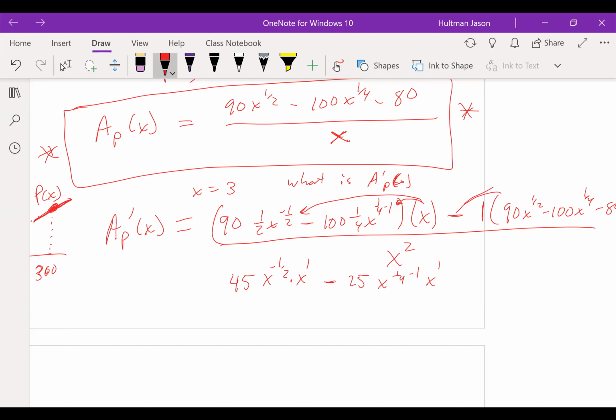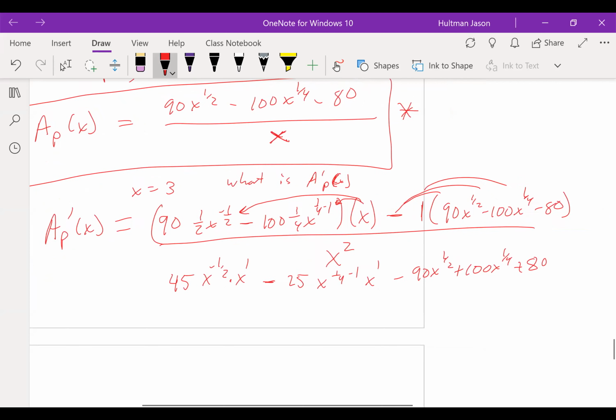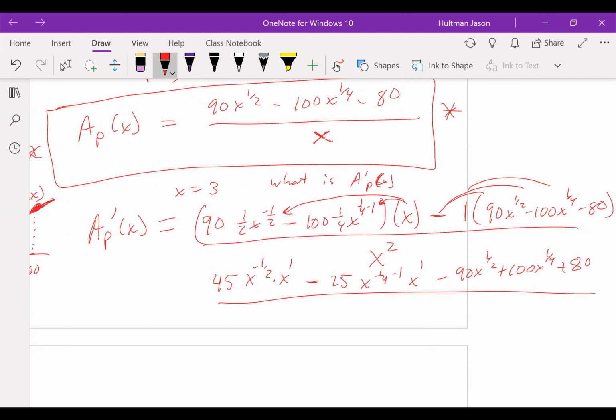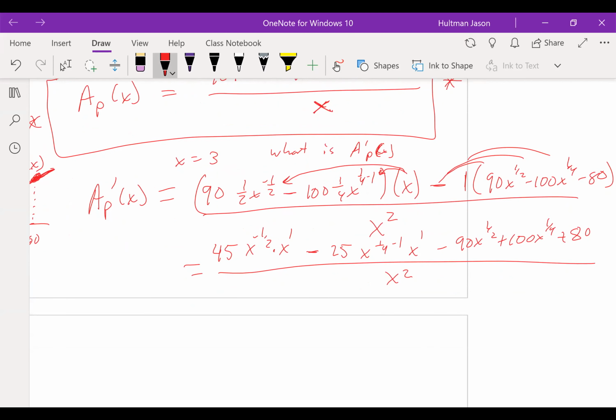Distribute the negative sign here. This negative 1, that's minus 90x to the 1/2 plus 100x to the 1/4 plus 80, all over x squared. If I have two bases being multiplied together, I can add the exponents, right? So what's 1 plus negative 1/2?